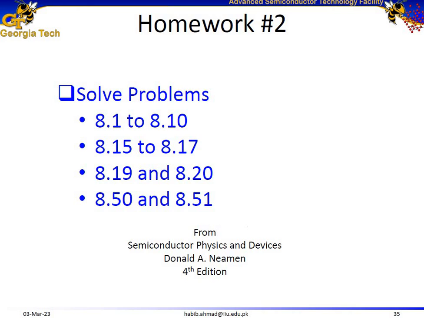I'm going to continue the pattern. But initially, the purpose of assigning you more problems is for you to practice, so that you can familiarize yourself with the terminologies and a lot of semiconductor parameters for this course.